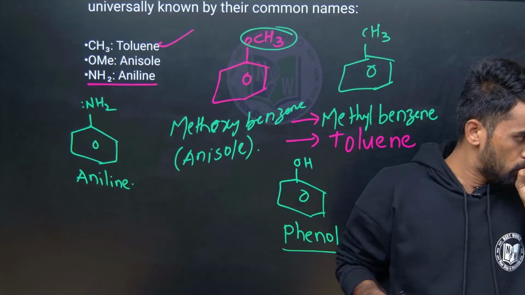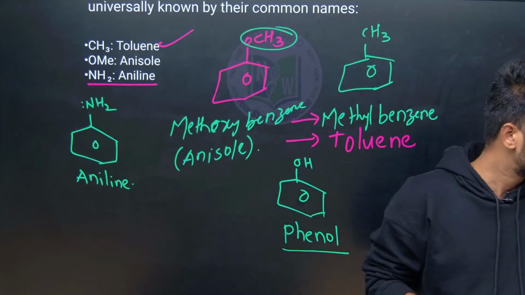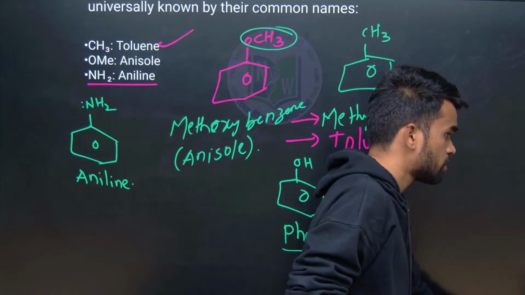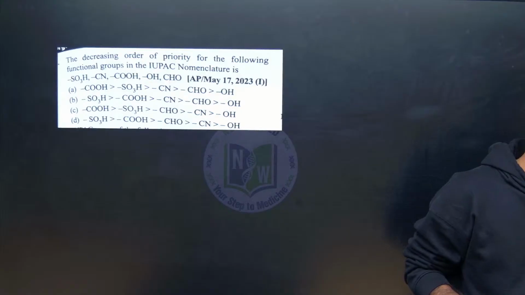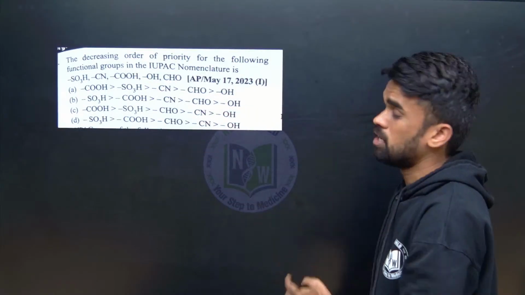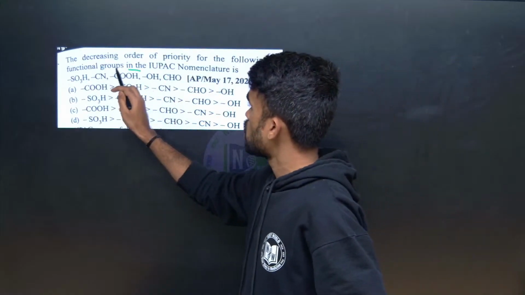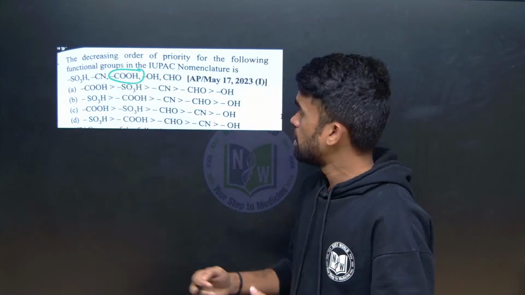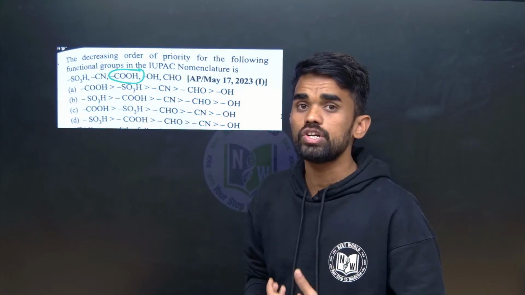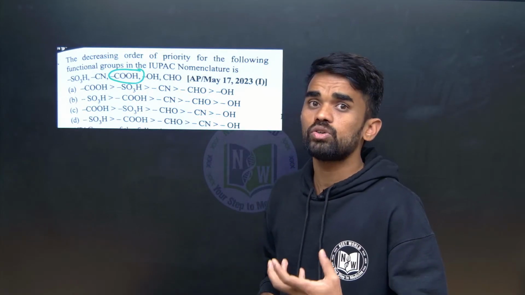Okay. The next, we will discuss a few more things. Before that, yesterday we solved this question of priority order. What is the priority order? We discussed that carboxylic acid has more priority whenever there are multiple functional groups in the given organic compound. So we have to name the compound according to its priority order.